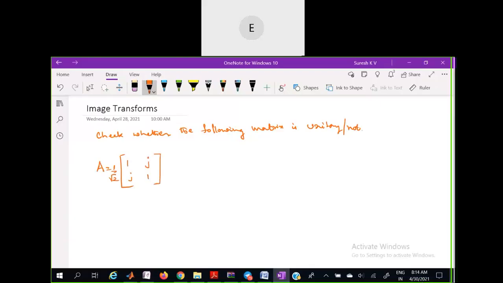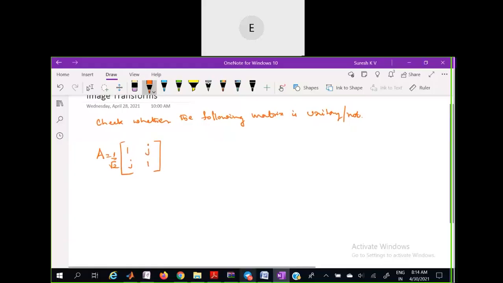This is just to understand the meaning of a unitary matrix, because we are going to use it. Can somebody tell me the procedure to verify whether a given matrix is unitary or not? In the last class we have discussed.